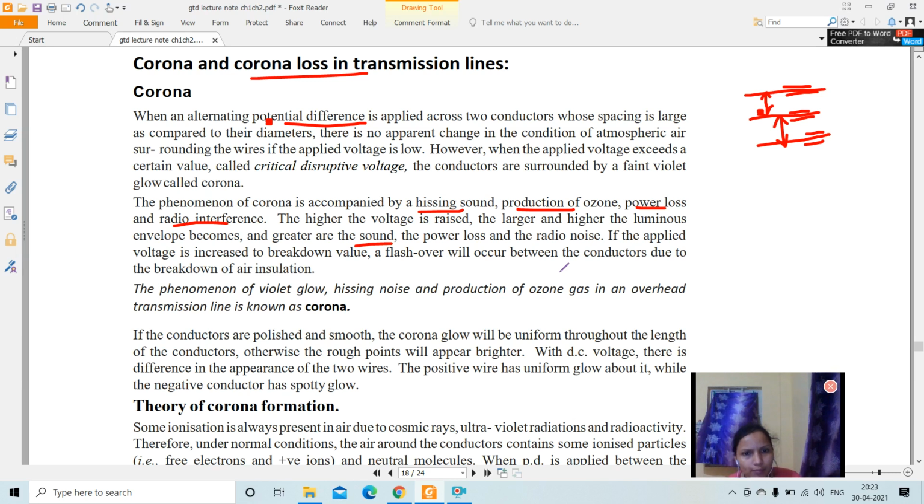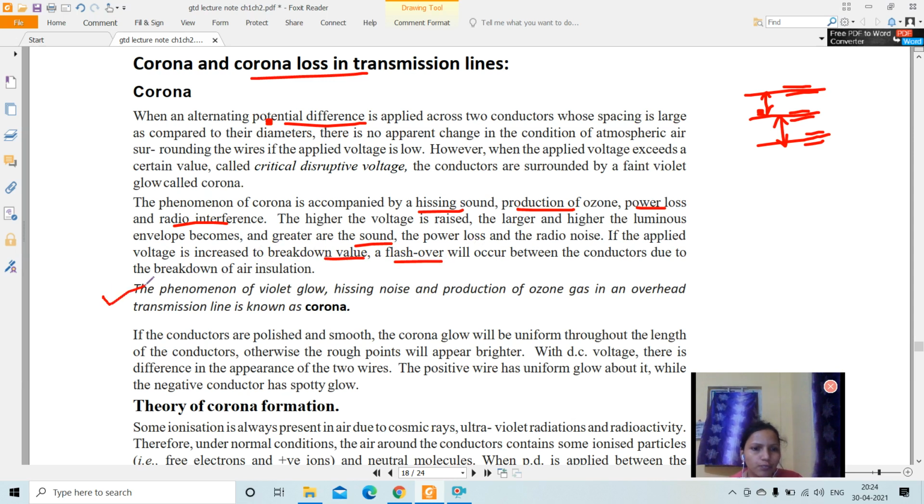If the applied voltage is increased to a breakdown value, then flashover will occur between conductors due to the breakdown of air insulation.